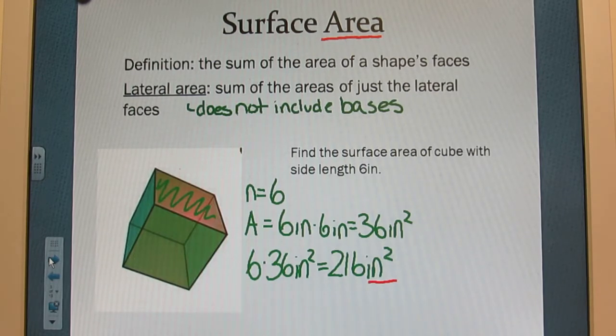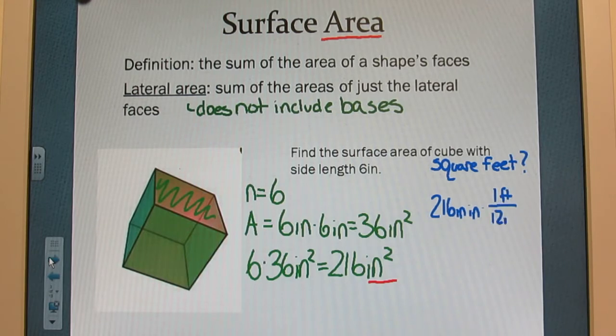But what if the problem asks me to find it in square feet? Well, now I'm going to have to use some dimensional analysis to make sure that I convert my units correctly. So I have 216 inch times inch, and I have to multiply that by 1 foot over 12 inches because there are 12 inches in a foot.